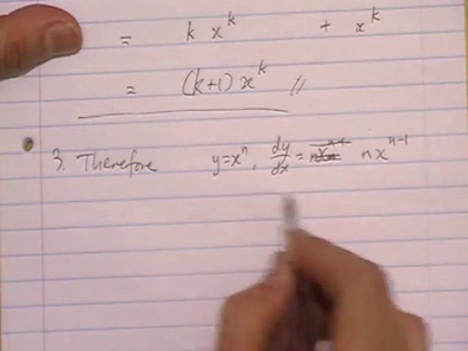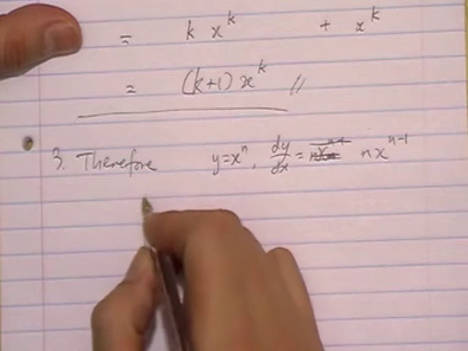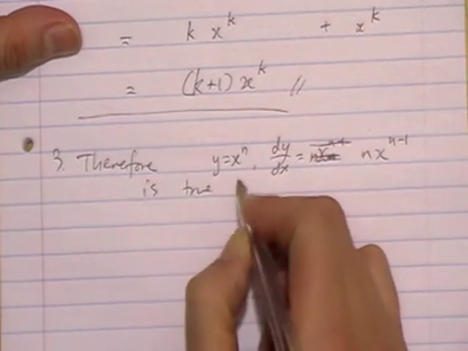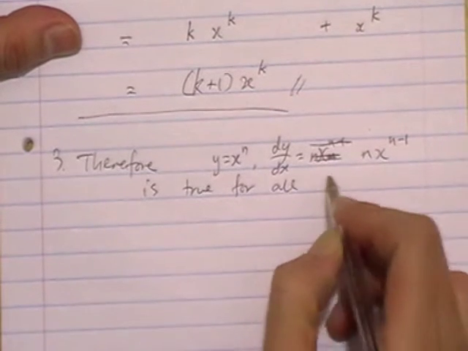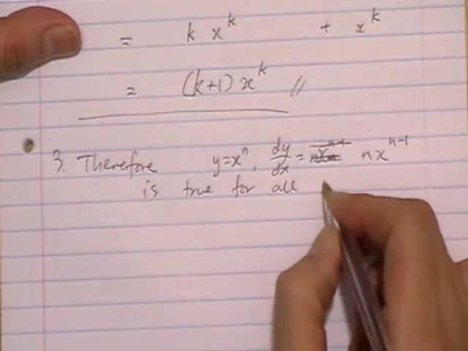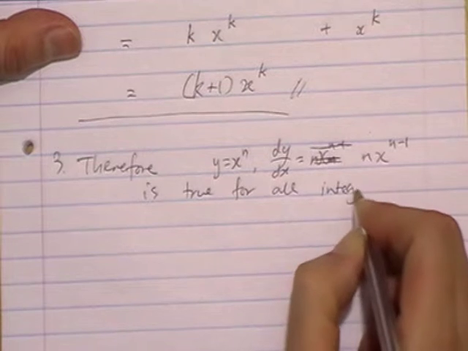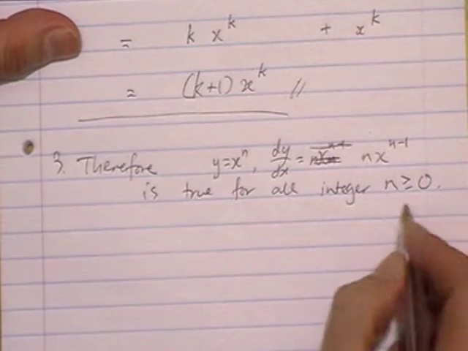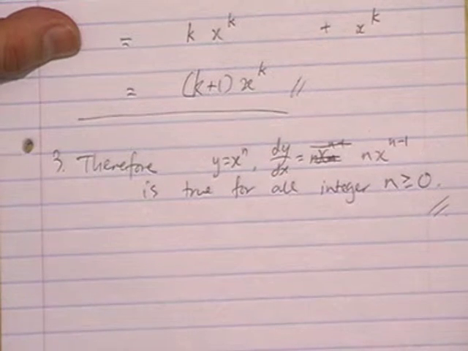There. So this is true for all, in this case, integer n more than or equal to 0. So this completes the proof.